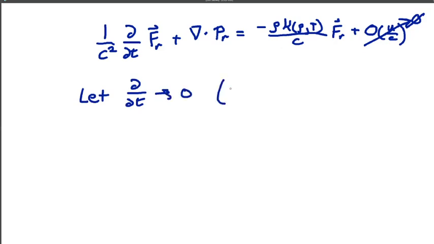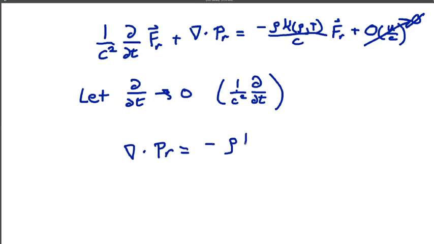Or equivalently, you could say that the 1 over c squared term on the d by dt might be driving this to be a very, very small term. So now we have the divergence of the radiative pressure equal to minus rho times our opacity kappa over c times F of r. So here's our radiative flux that we want to get.